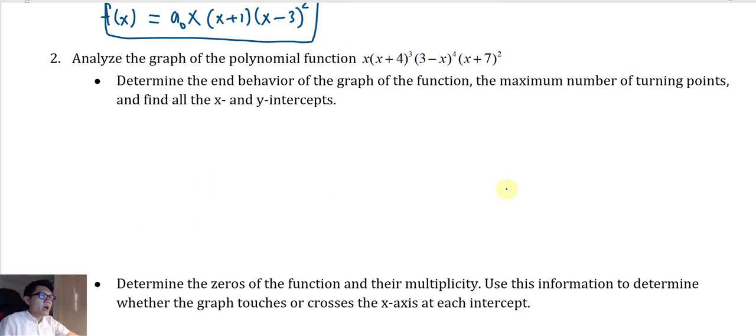Now I can rewrite this one, very simple. X subtract nothing, so the first one does mean x subtract 0, because subtracting 0 you get back x. So the first factor means that we have the root of 0.